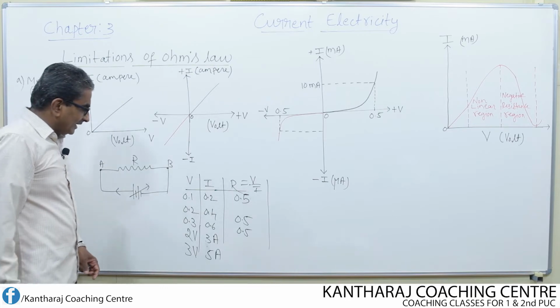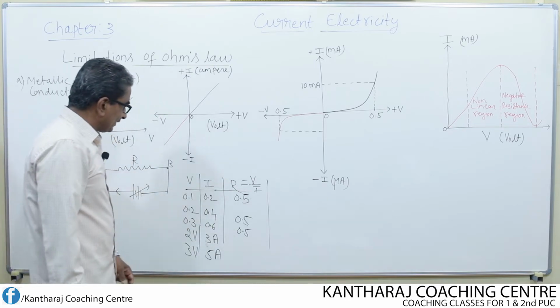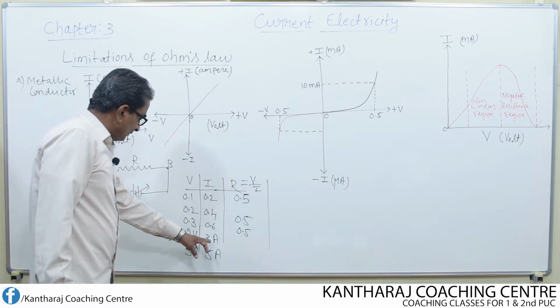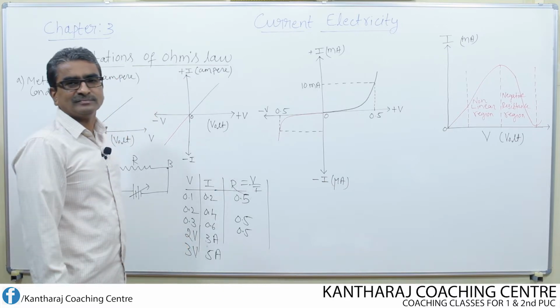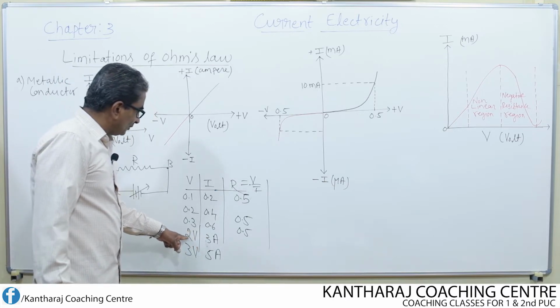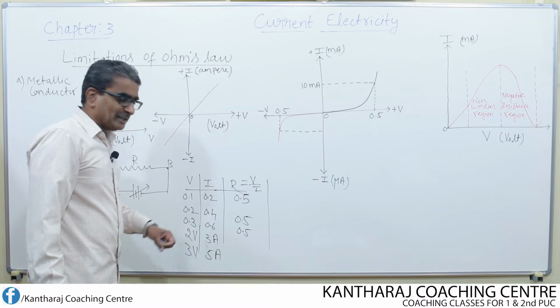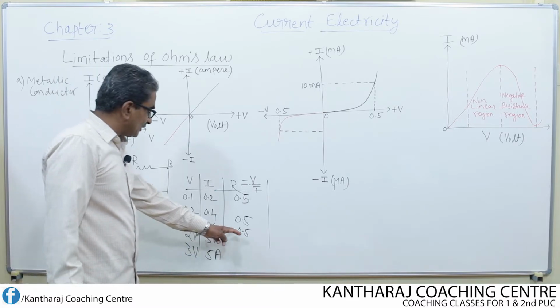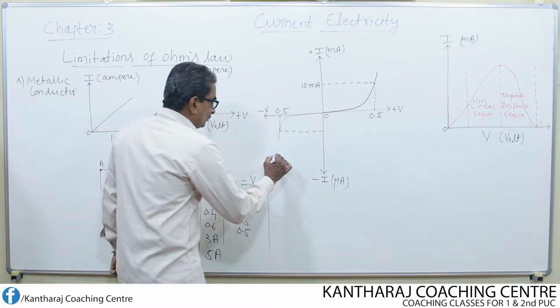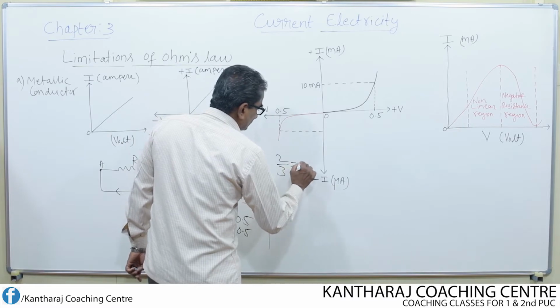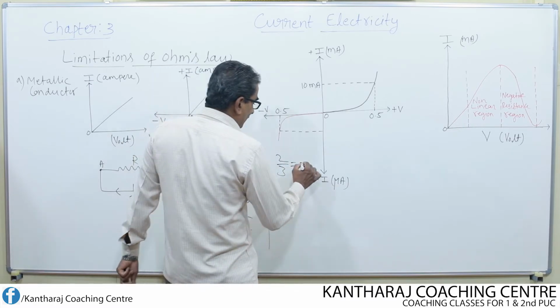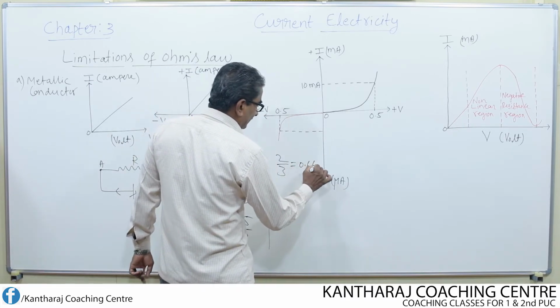Now if you calculate the resistance, that is V by I, that means 2 divided by 3, which is not equal to 0.5. So 2 divided by 3, 0.66 something we get, recurring.